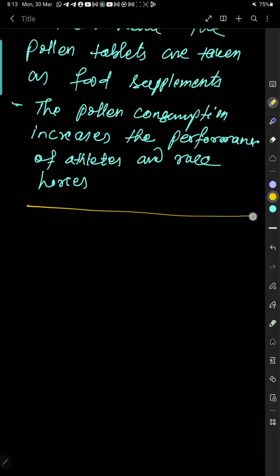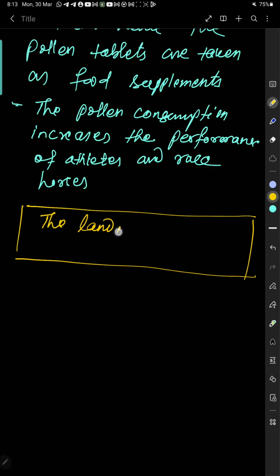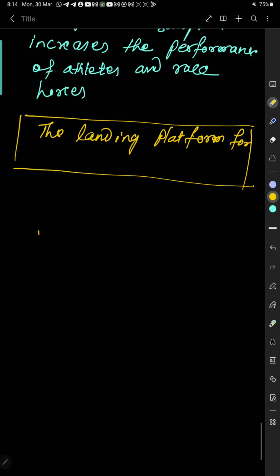Now another most important thing I am writing here, the landing platform for pollen grain is स्टिग्मा. ओके, जब पोलन ग्रेन एक फ्लावर का अंतर से निकल के जाता है तो दूसरे फ्लावर का या फिर सेम फ्लावर का स्टिग्मा के ऊपर लैंड करता है. ठीक है, इट फॉल्स ऑन द स्टिग्मा, सो इट इज द लैंडिंग प्लेटफॉर्म फॉर द पोलन ग्रेन.